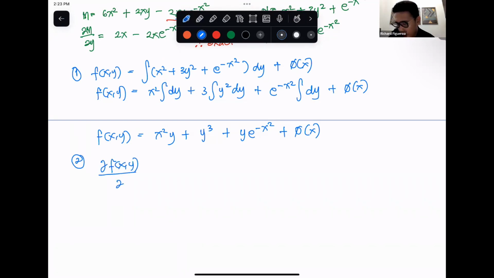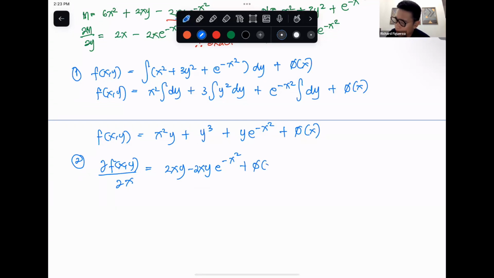Second step, the partial derivative of f with respect to x. This should be 2xy. y cubed will be 0. And then plus y e raised to negative x squared, whose derivative is e raised to negative x squared, then the derivative of negative x squared is negative 2x.